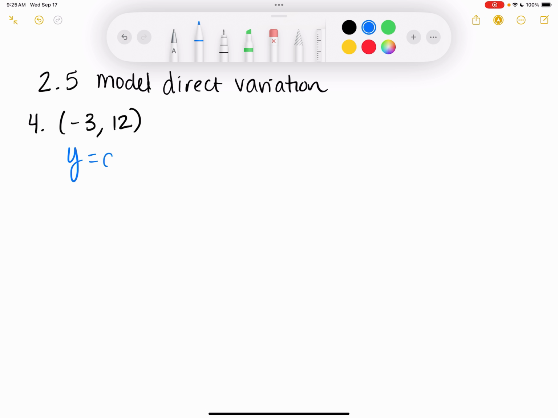I have an x and a y value, so I'm going to plug those in and solve for a, and then create an equation with the a value plugged in. So 12 equals a times -3. Divide by -3, so -4 is equal to a. Now I need to write my equation as y equals -4x. This is the actual equation that we're looking for, and then I'm going to graph it.